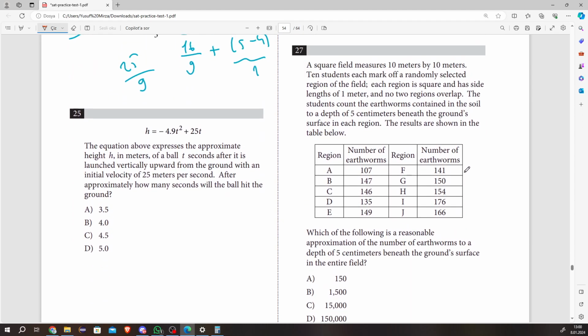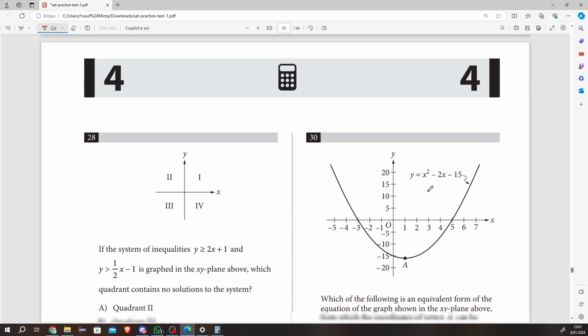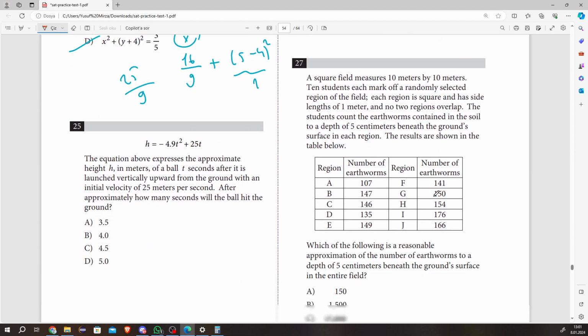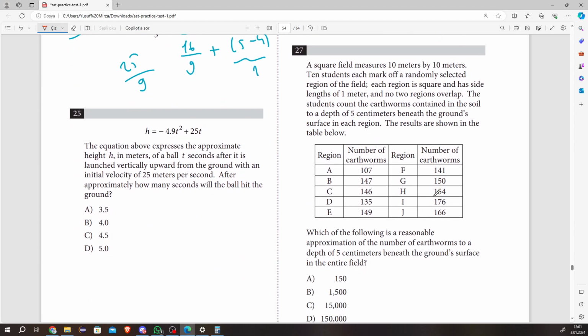Number of earthworms, regions, and matters. Surface of region. There is a table below. How many questions do we have? Okay, sorry. The number refers to the depth of scientists to the entire fields.